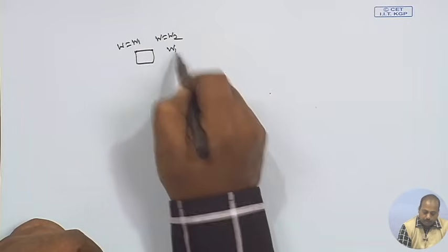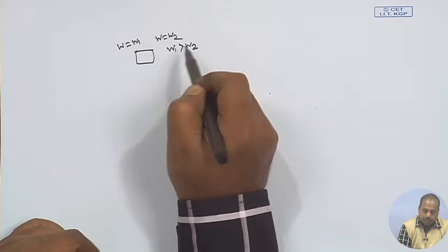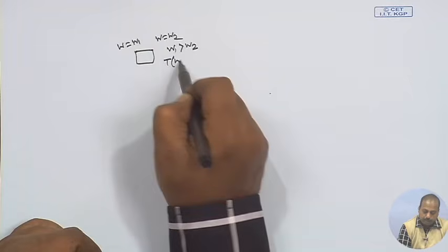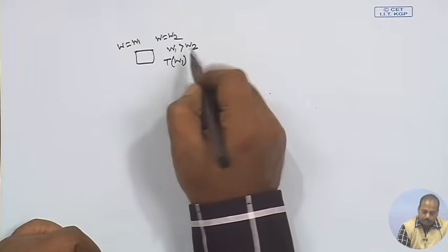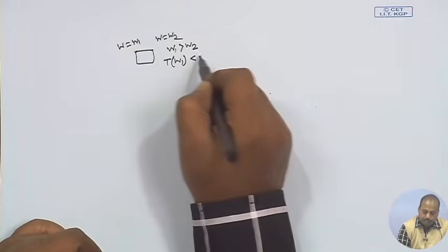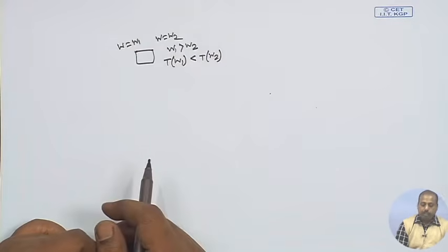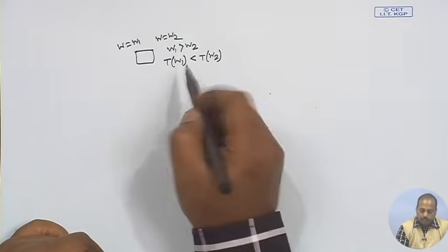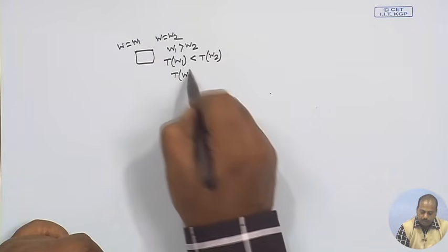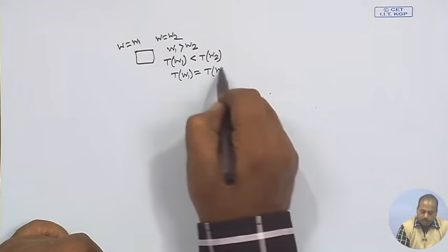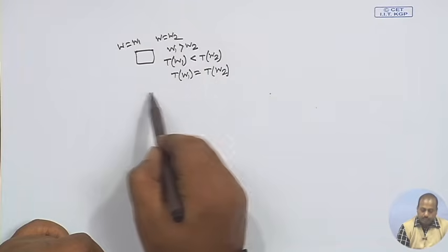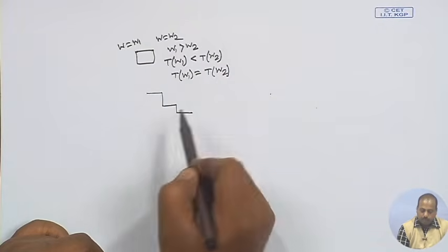If w1 is more than w2, then the corresponding test time T of w1 is naturally expected to be less than T of w2. Now, we have seen that due to this Pareto optimality, this does not always happen. In many cases T of w1 remains equal to T of w2. But in general we have this staircase type of behavior.